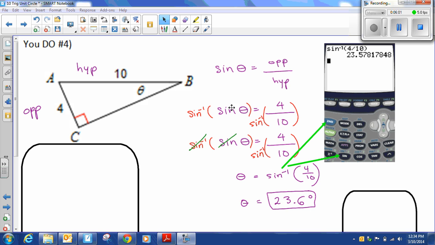The way we undo sine of something is to use inverse sine, also known as arc sine. So you inverse sine this side, you inverse sine this side, and we get to that by clicking second sine on the calculator, and that gives us theta by itself equals inverse sine of 4 over 10, which is 23.6.